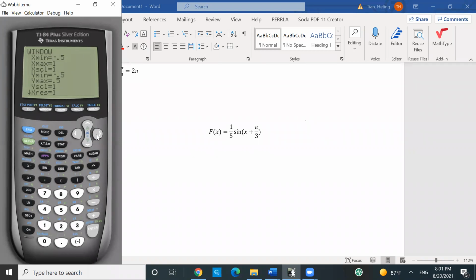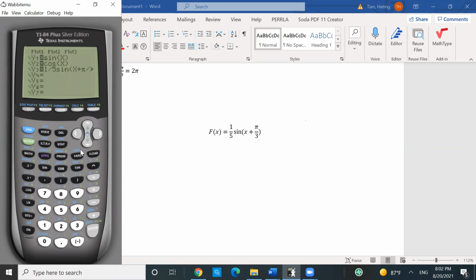Let's just try from 0, and the maximum, let's try 5, and keep the y minimum and y maximum here. And then what can we change a little bit more? Okay, let's see.